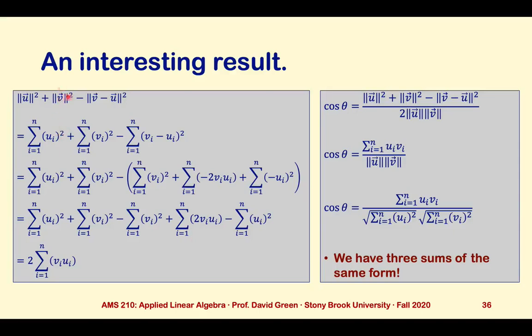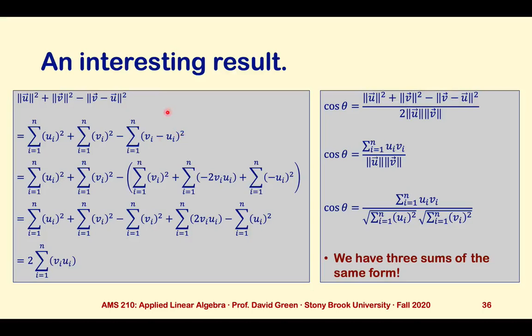The norm of v squared is the sum of all of the individual elements of v squared. And the norm of the difference v minus u is the sum of the squares of the difference vi minus ui for all of the terms in v and u.